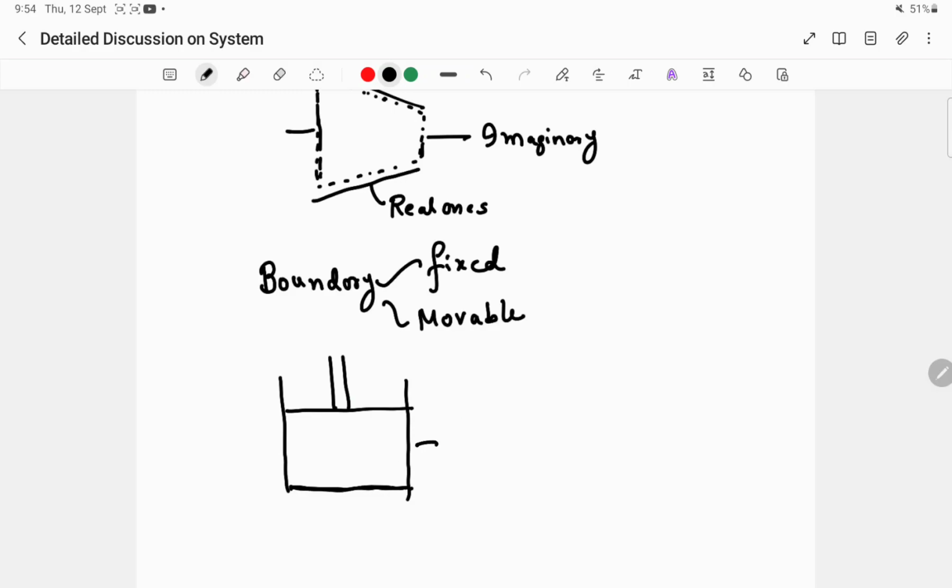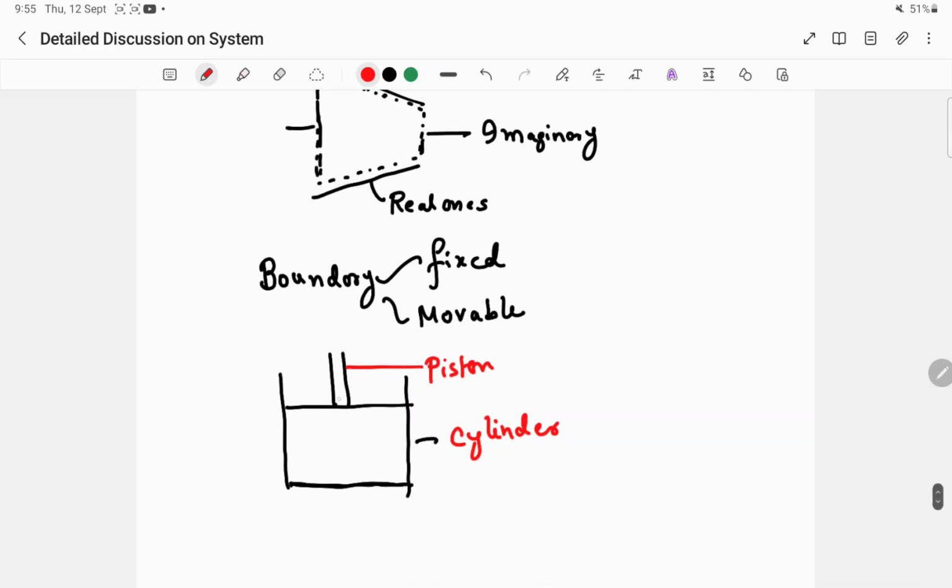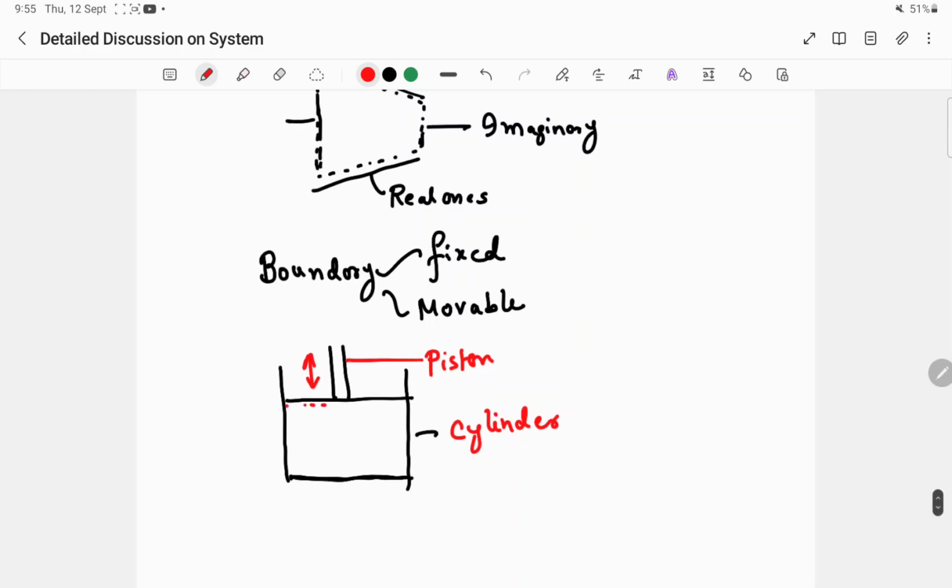This is your cylinder, and this is your piston. As the piston goes up and down, this boundary with the piston is your movable boundary, and these three sides that I am showing you, the green ones of the cylinder, are the fixed ones.